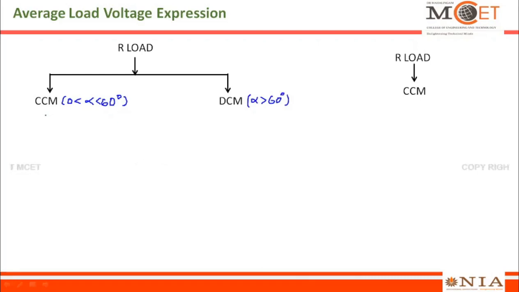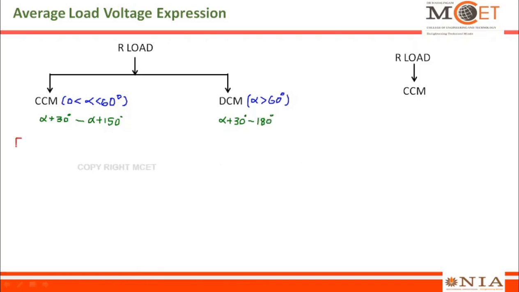In the case of continuous conduction, the starting point is alpha plus 30 degrees and the ending point is alpha plus 150 degrees. Whereas for discontinuous conduction, it starts from alpha plus 30 degrees and ends at 180 degrees.